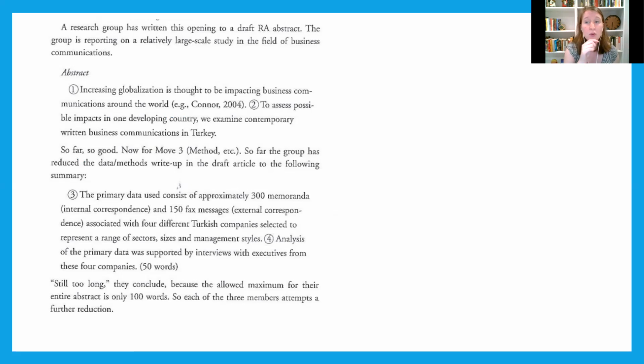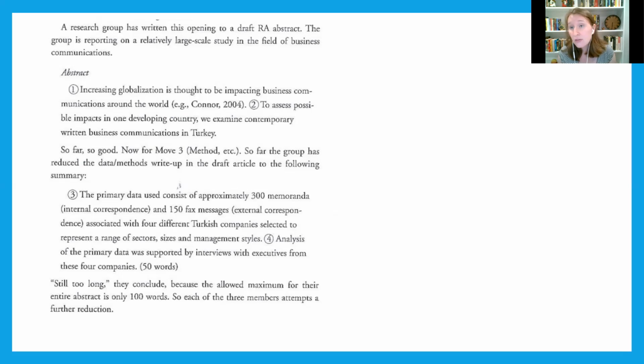So if we look at move 3, which is sentences 3 and 4: the primary data used consisted of approximately 300 memoranda and 150 fax messages associated with 4 different Turkish companies selected to represent a range of sectors, sizes, and management styles. Analysis of the primary data was supported by interviews with executives from these 4 companies. That's 50 words. So they're only allowed 100 words, and they've used 50, half of that, talking about their methodology.